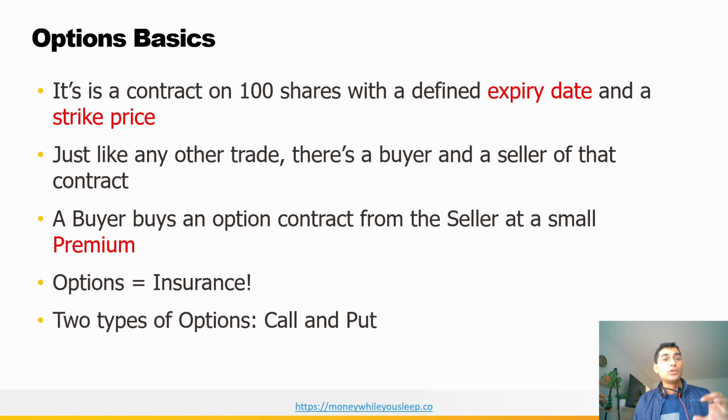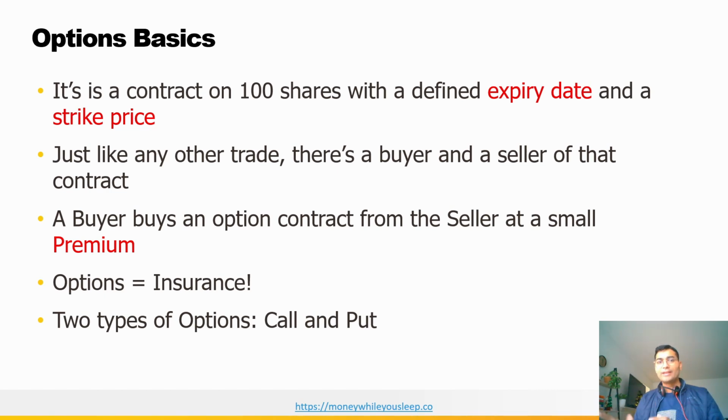And the buyer is going to pay a premium for this particular contract. So this is how it works. Pretty much, if you want to understand it in a very simple manner, options actually work just like insurance. In an insurance market, there is going to be a buyer of insurance and a seller of insurance, and options work exactly like that.